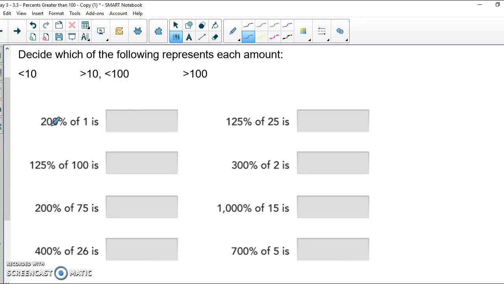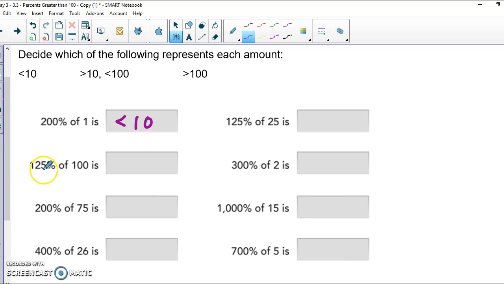If I have 100% of 1, I have the whole thing. So if I have 200% of 1, I have twice that amount. So 200% of 1 would equal 2. So we'll say this is less than 10.